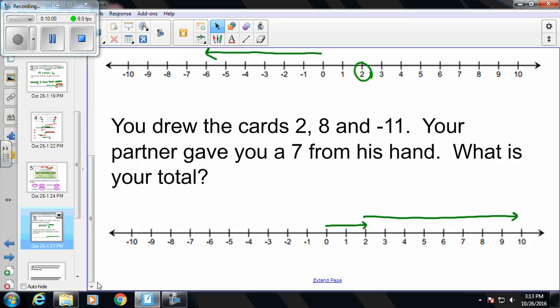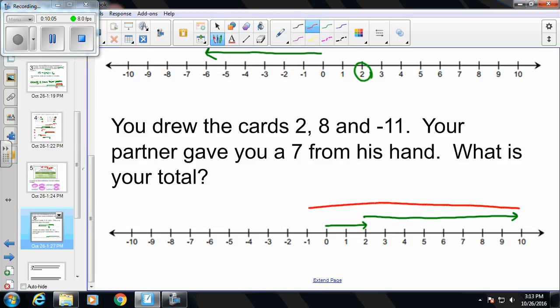I'm moving 11 to the left, which takes me to -1, and now I'm moving 7 to the right. Oops, sorry about that. Okay, so what is my total? My total is right where I ended, at 6. Okay.